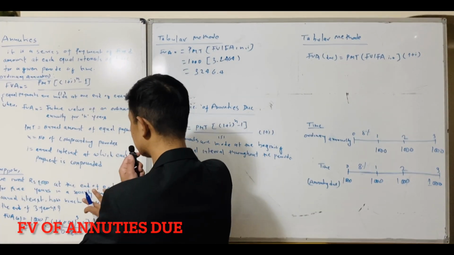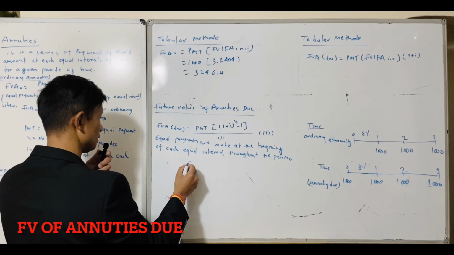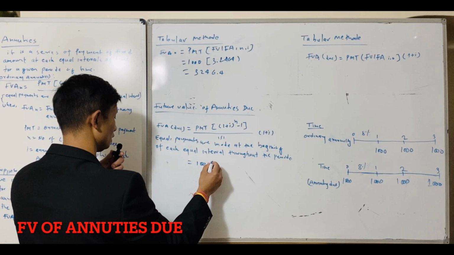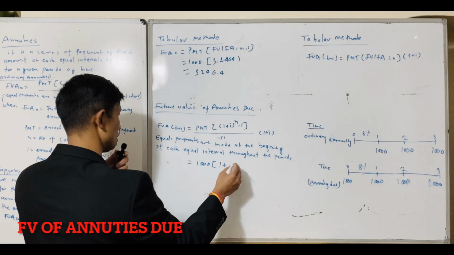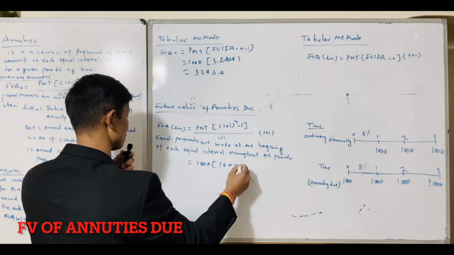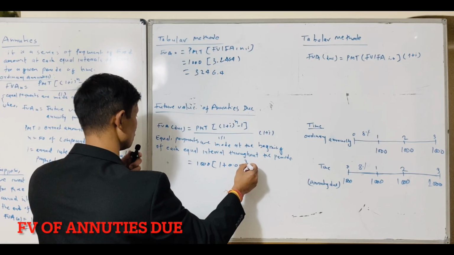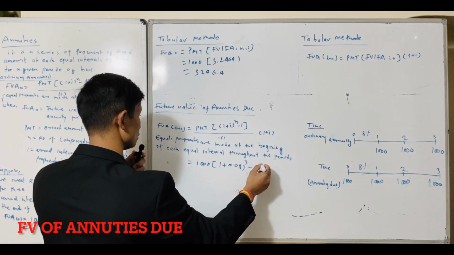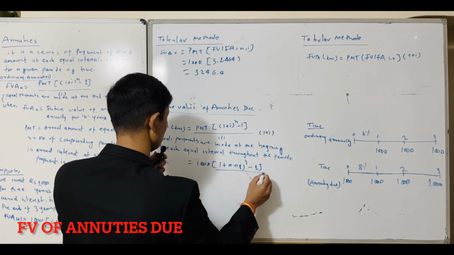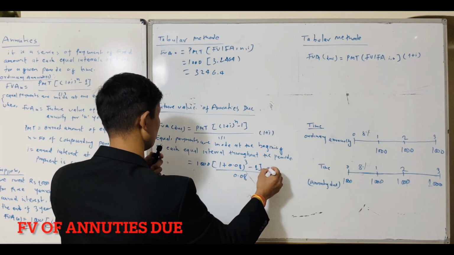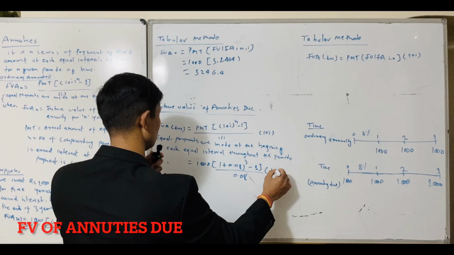Let's take the same example. We know that the payment is 1000, the rate of interest is 0.08, the number of years is 3, minus 1 divided by 0.08.